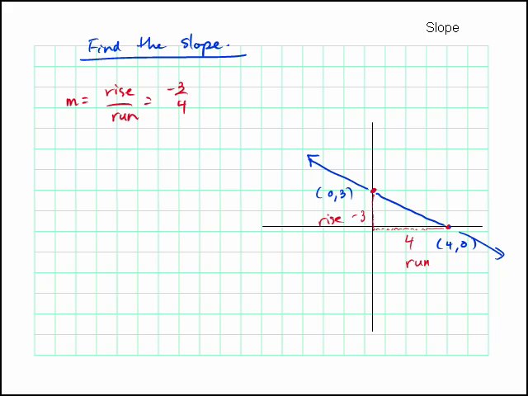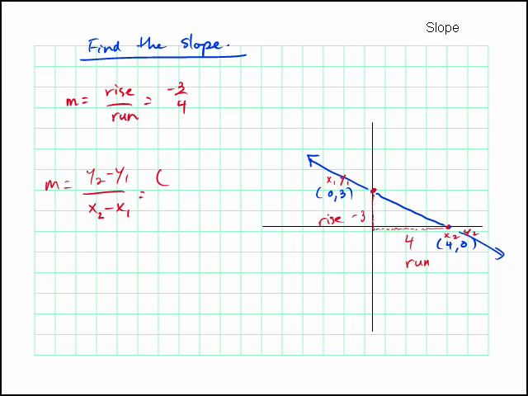If you want to use the slope formula, we can do that. I'll make this my x1 and this my y1. This is my x2 and this is my y2.